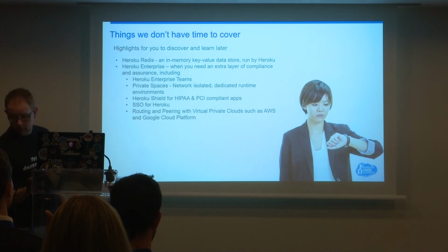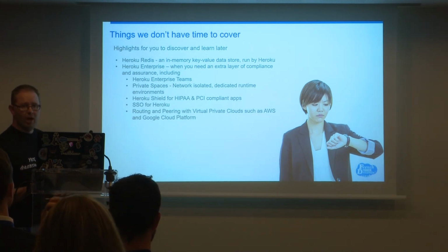So, looking at the clock, there are a lot of things that we don't have time to cover. Heroku Redis is another product that is recommended as a cache, again, to squeeze more performance out of your system. There's a whole Heroku Enterprise offering that gives you enterprise teams, so you can have multiple applications within your organization and allocate different development teams to them.